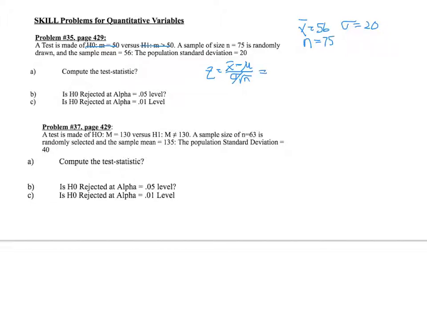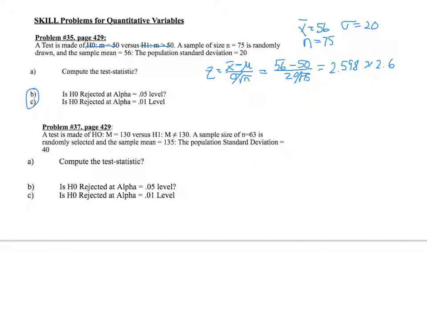And in this case, we just plug the numbers in: 56 minus mu, which is 50, divided by 20 over the square root of 75. Now when we do the calculation, we end up getting 2.598, which is approximately equal to 2.6.